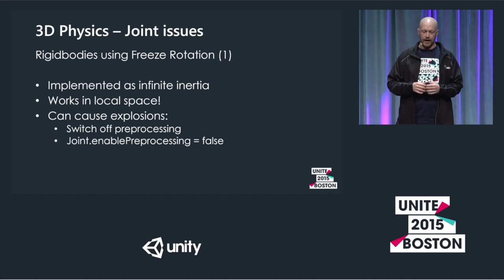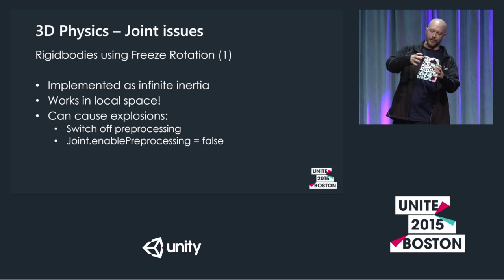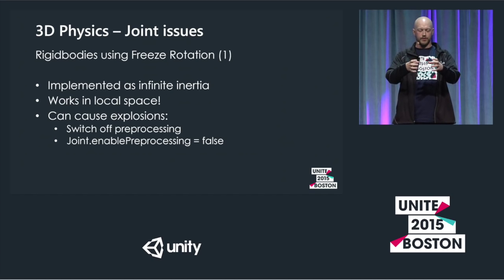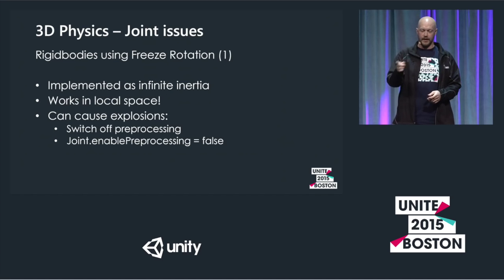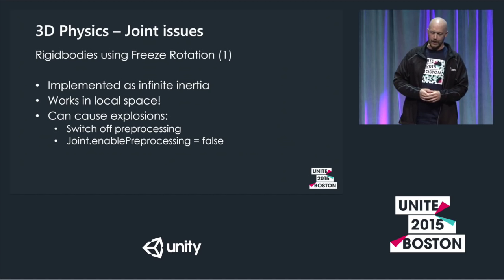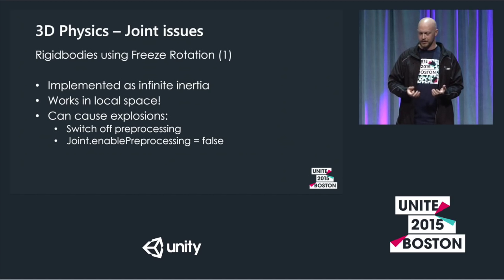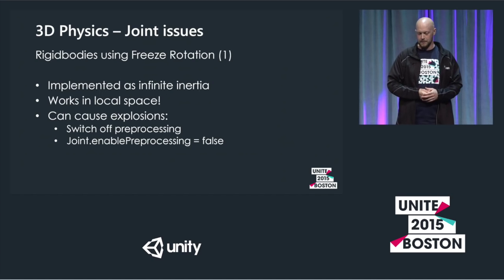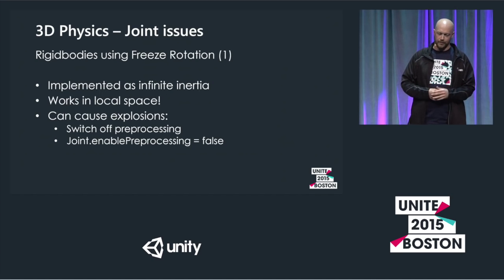It is implemented as infinite inertia, which means that in the direction of rotation where you want to lock your object, the object becomes infinitely heavy in that direction, and so there is no force that can actually rotate it. However, all these infinities sometimes can go a little bit wacky, and we can end up doing something that is akin to dividing by 0, which is a bad thing.